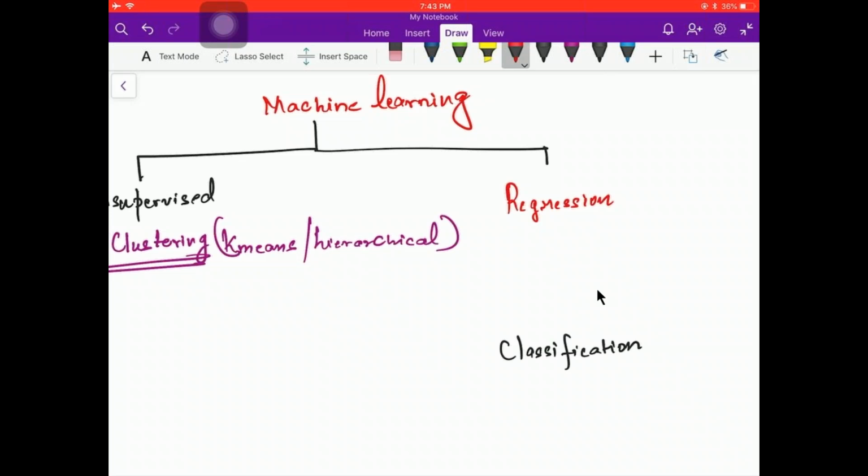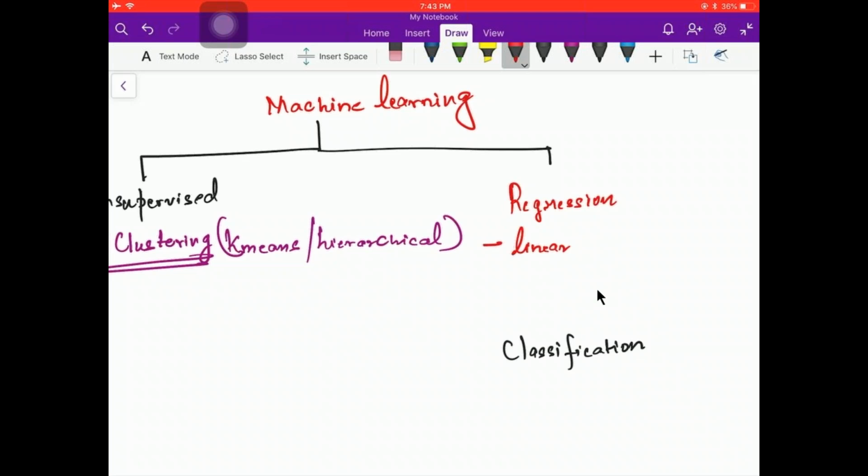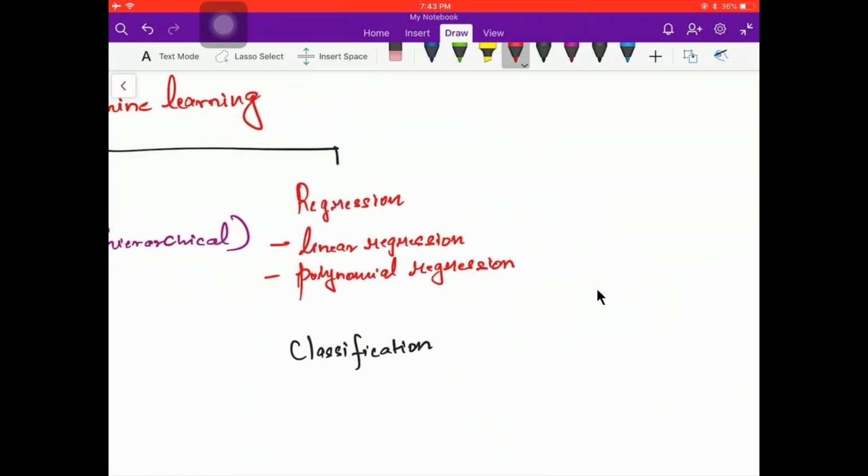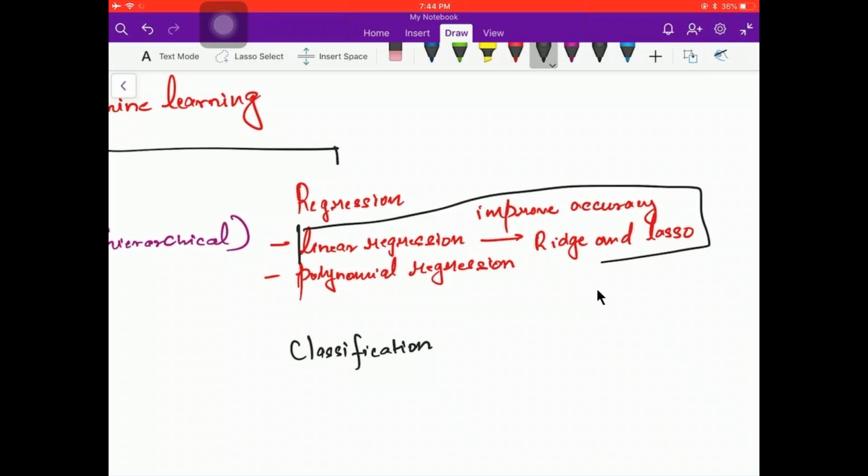Regression: one is linear regression, one is polynomial regression. To improve the accuracy of linear regression, you go with regularization, so ridge and lasso, but it's essentially still linear regression.